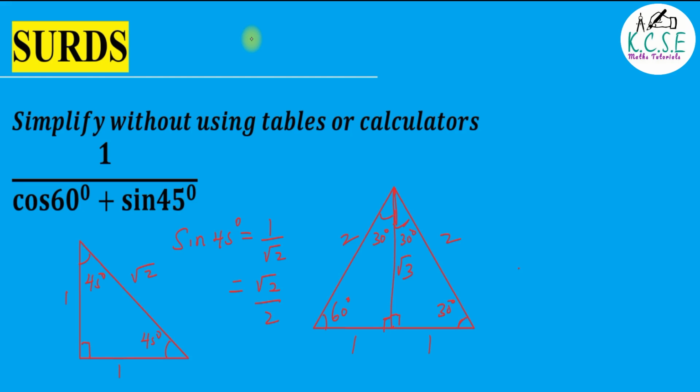Then we have cosine of 60. We're going to obtain this from this triangle. This is supposed to be the 60 degrees angle, so we can use either of these two angles.